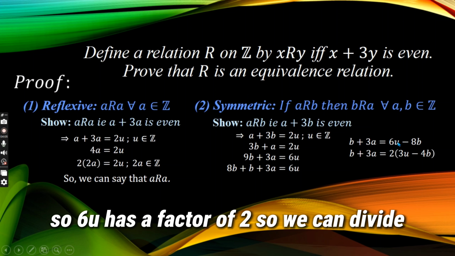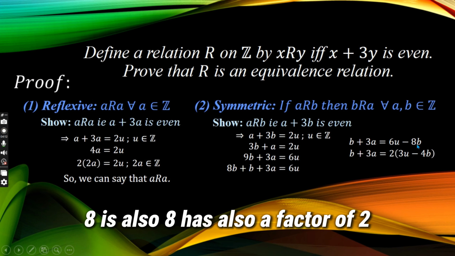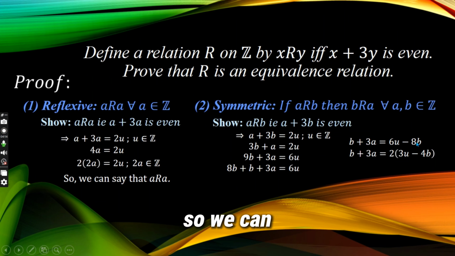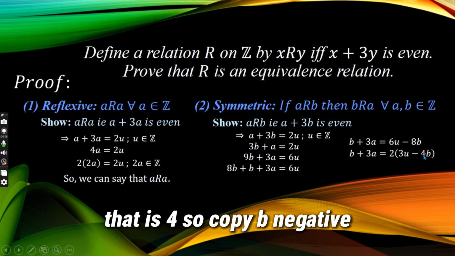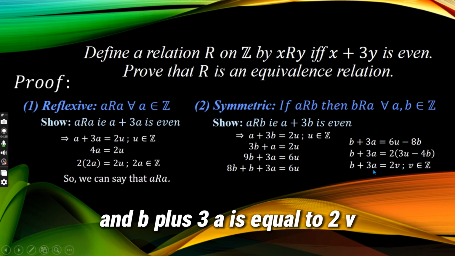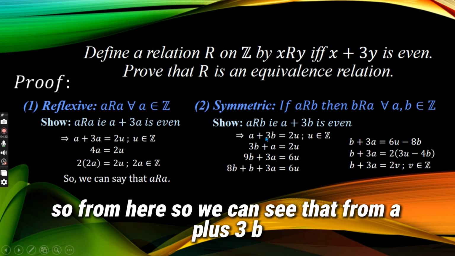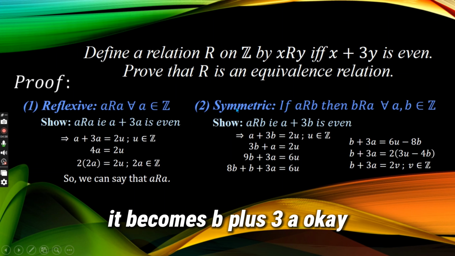6u has a factor of 2, so we can divide. The remaining factor is 3u. 8 also has a factor of 2, so we can divide it. 8 divided by 2 is 4. So copy b, negative divided by positive is negative. And b plus 3a is equal to 2v, where v is an element of Z. So from here, we can see that a plus 3b becomes b plus 3a.